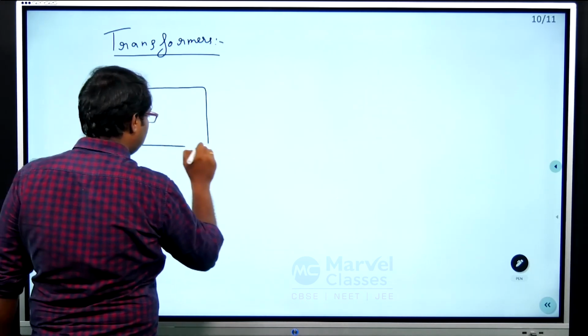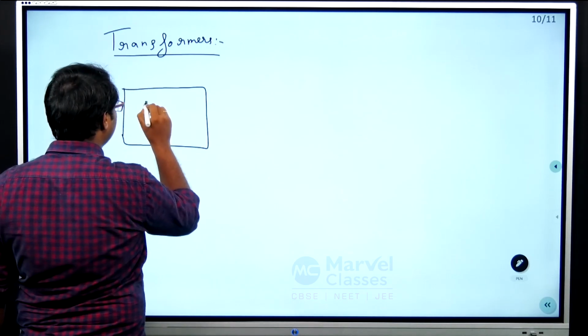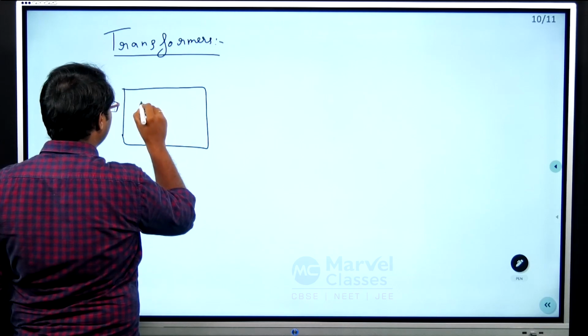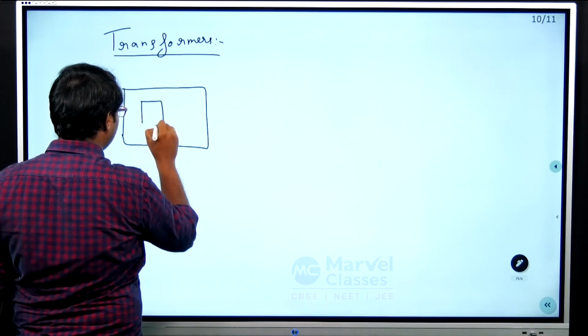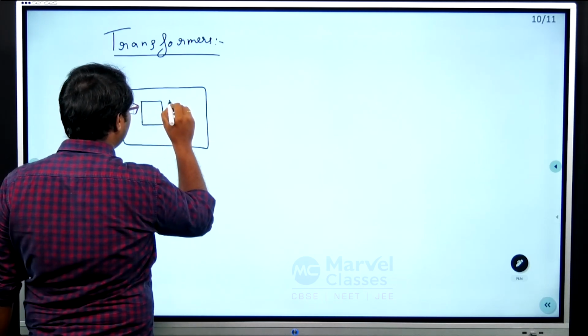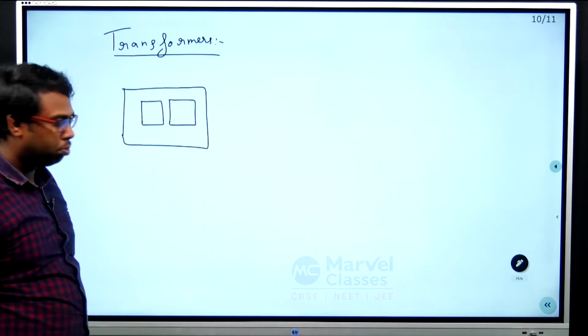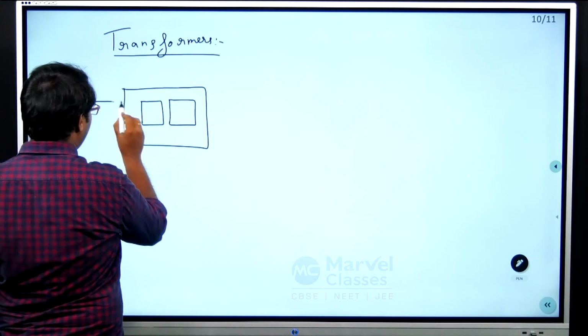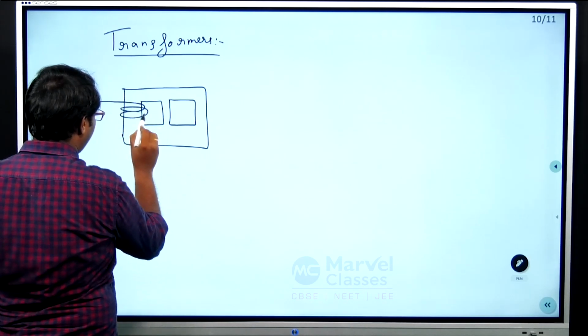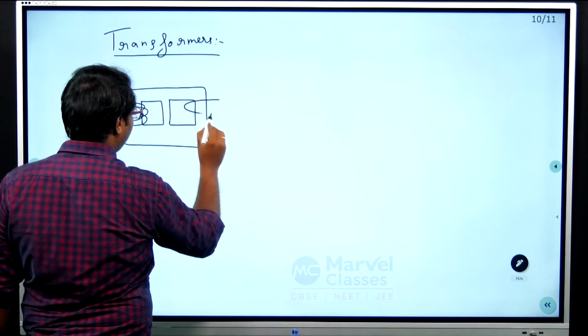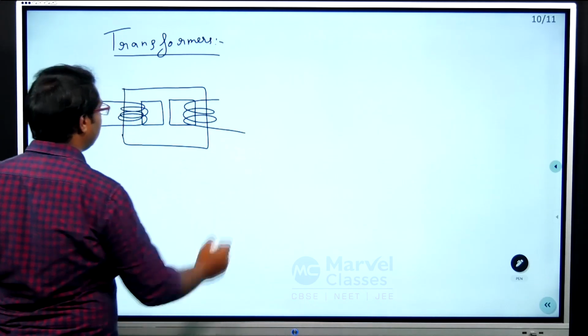In one type, the transformer looks something like this, where here we have a winding and here we will have another winding.